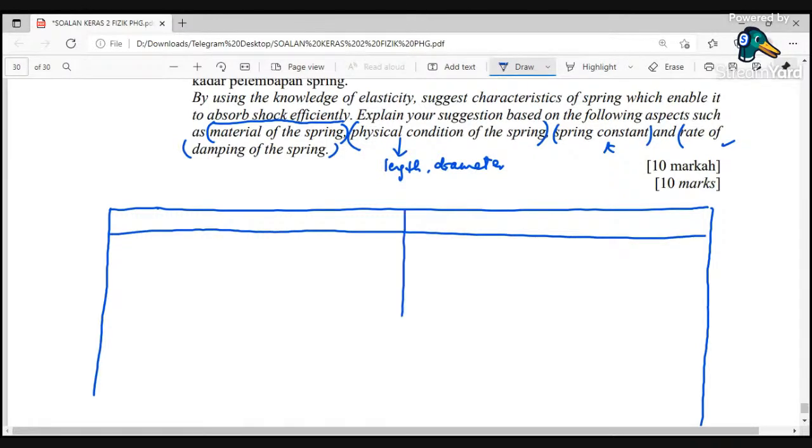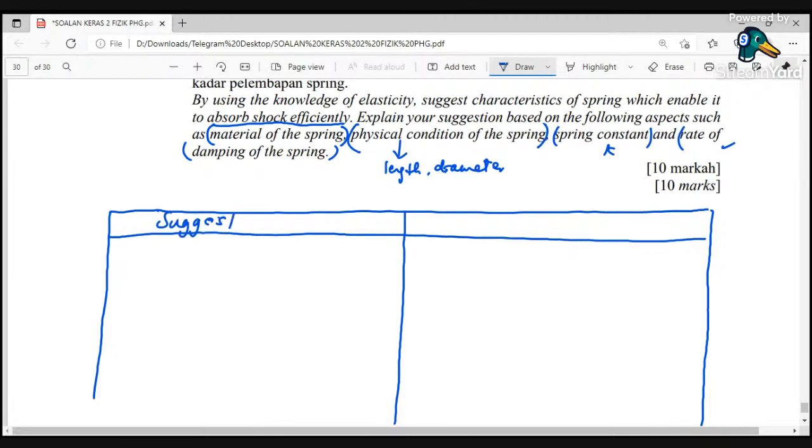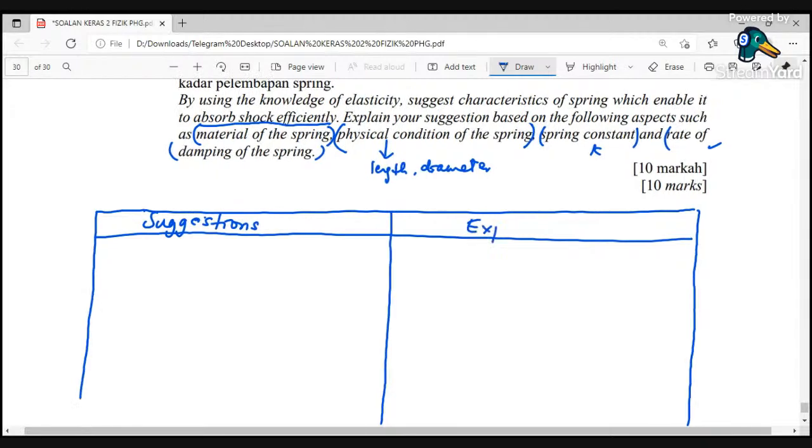So this is section C. Normally I will write something like this: suggestion or modification, and then explanation. Why I suggest that one, the properties like that, I need to explain.